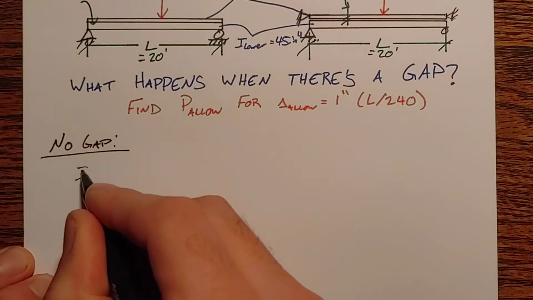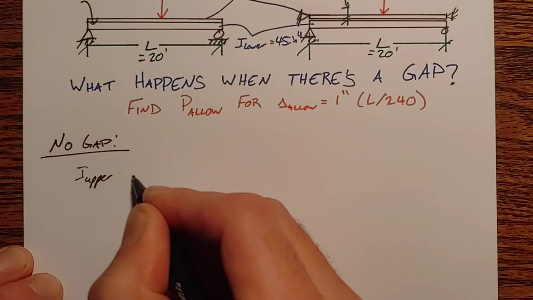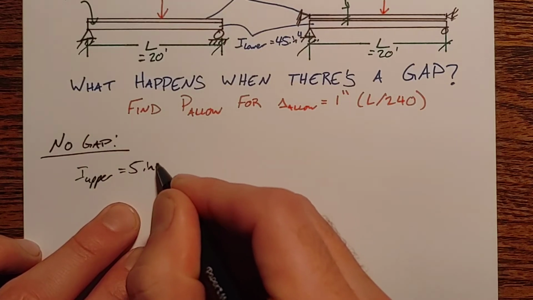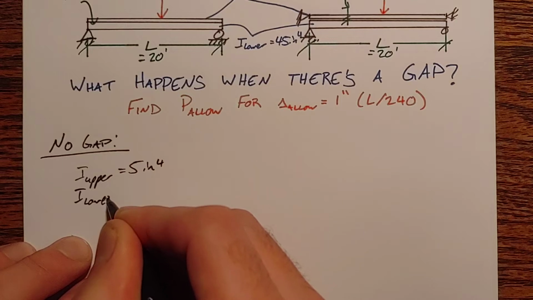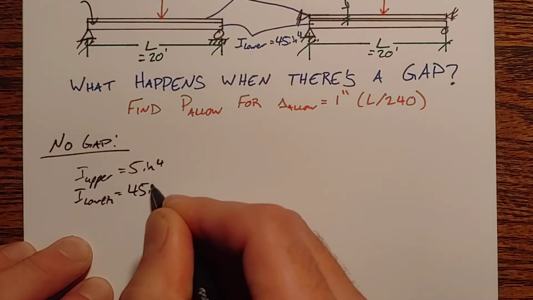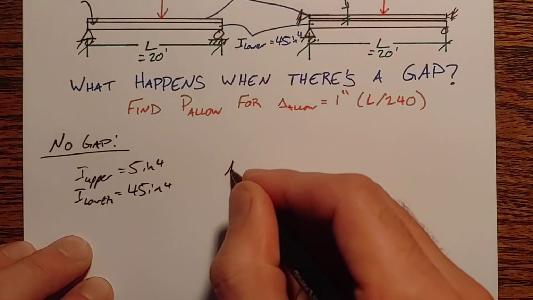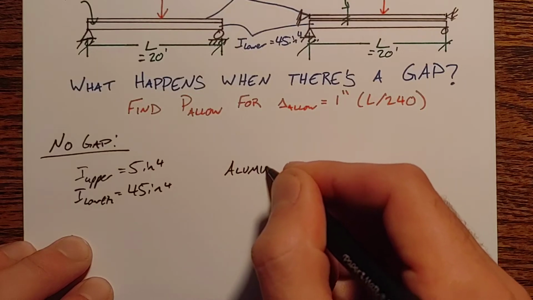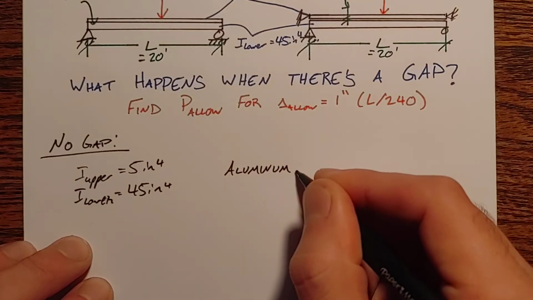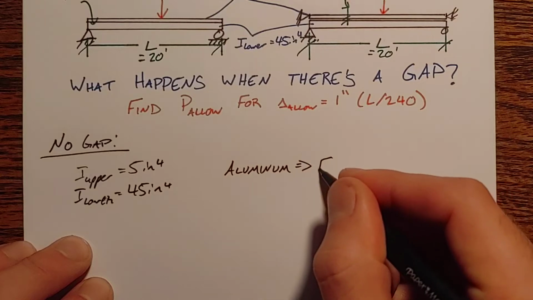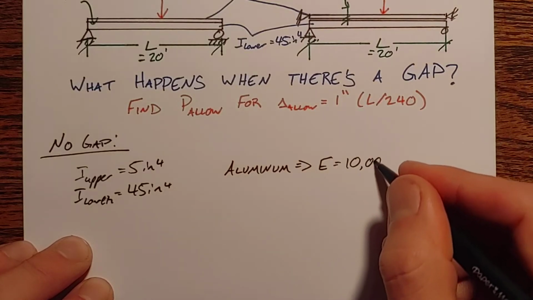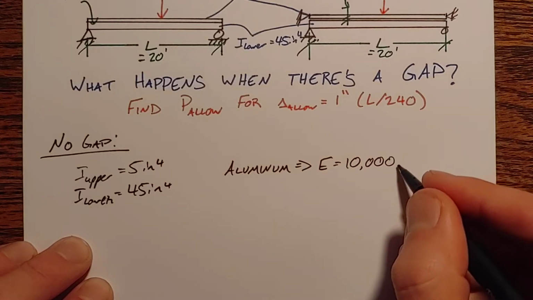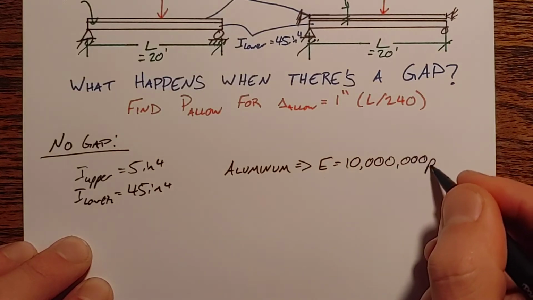We've got I upper is equal to 5 inches to the fourth, I lower is equal to 45 inches to the fourth. We're going to say that we're using aluminum, which has an E, or a Young's modulus, of 10,000 KSI, or 10 million PSI.